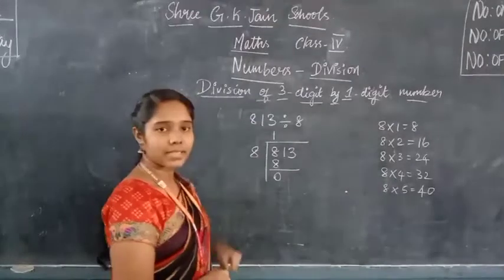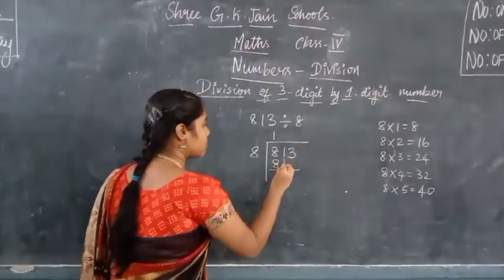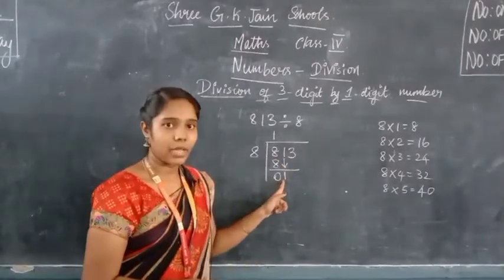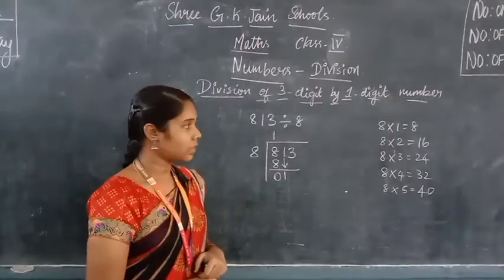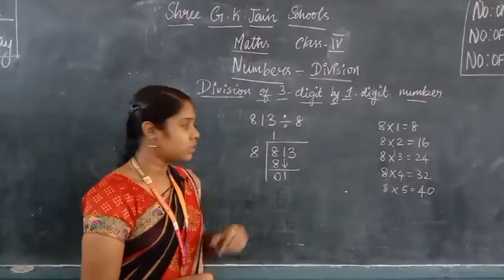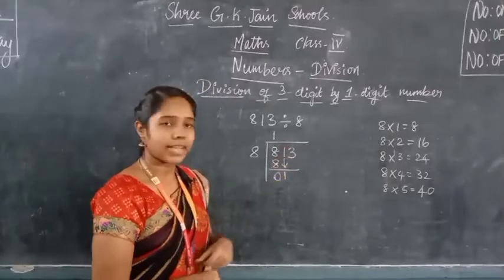Then what is the next step? We have to take down the next digit. So what am I getting here? I'm getting 1 here. Will 1 go in the 8 table? No, because 1 is a much smaller number than 8. So I cannot divide 1 by 8. I need the next digit, right?